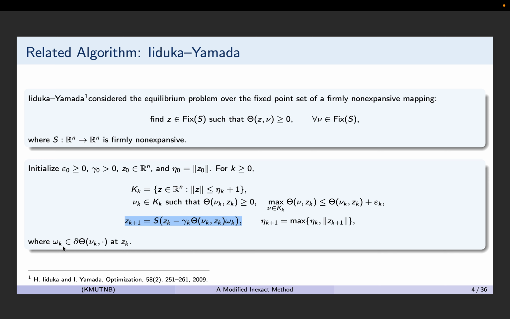You can see here the subgradient of the bifunction we are dealing with at this point. So here they are considering exact computation of the subgradient.